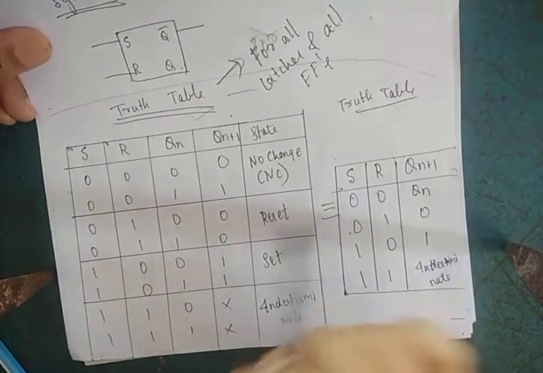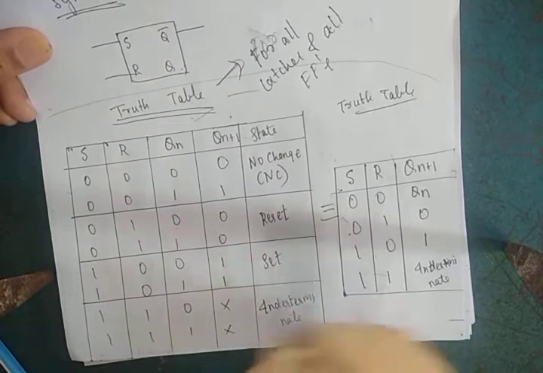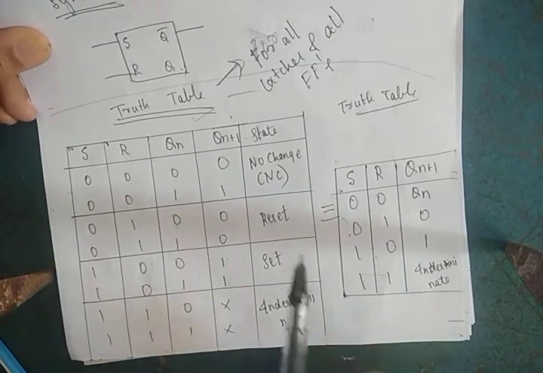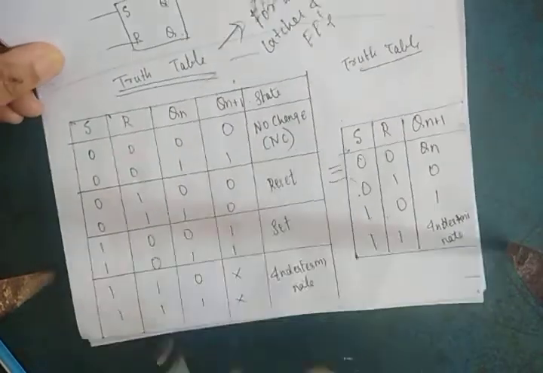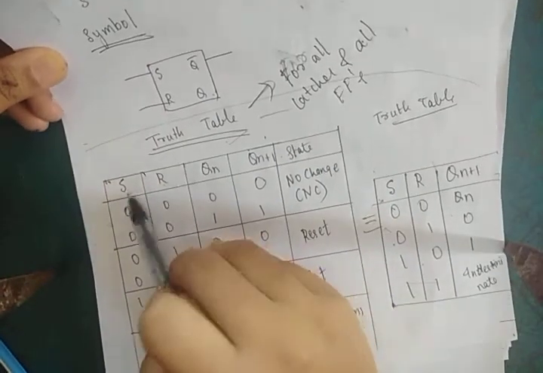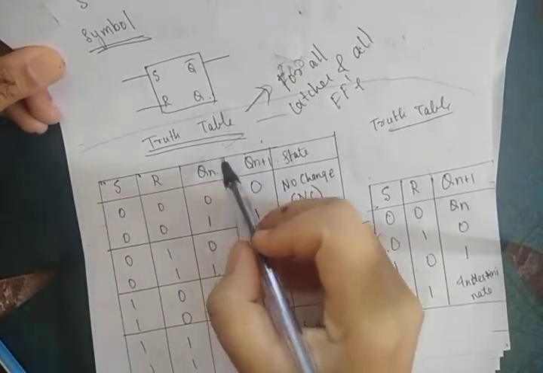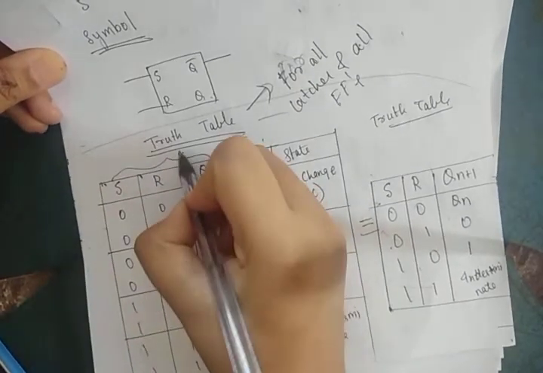In order to explain in detail, it is better to put two truth tables. If you put only this truth table, that is also enough, but still, if you put both, it is better. As we know, here we have only two inputs, that is S and R. Only two inputs.